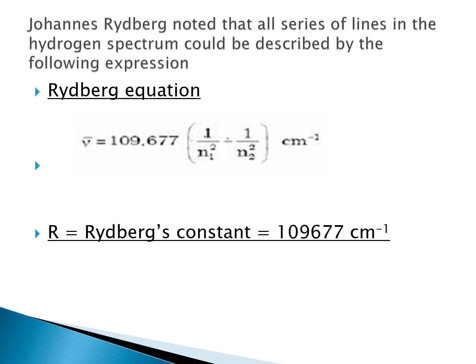R is the Rydberg constant, and its value is 109.677 per centimeter.